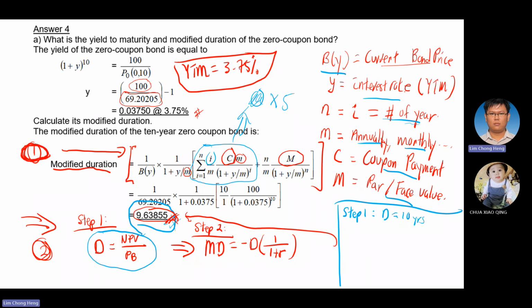It's almost 10 years. Why do I know the duration is 10 years? Because this zero coupon bond never pays you a coupon in between. So you need to hold until 10 years to get back your initial investment. Simple like this. So step 2.